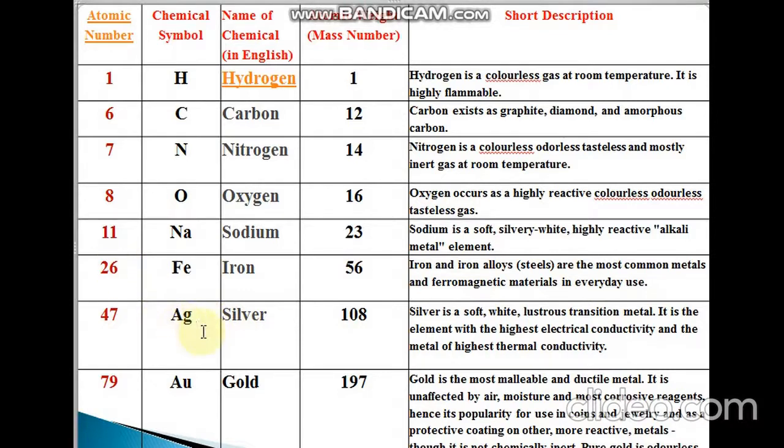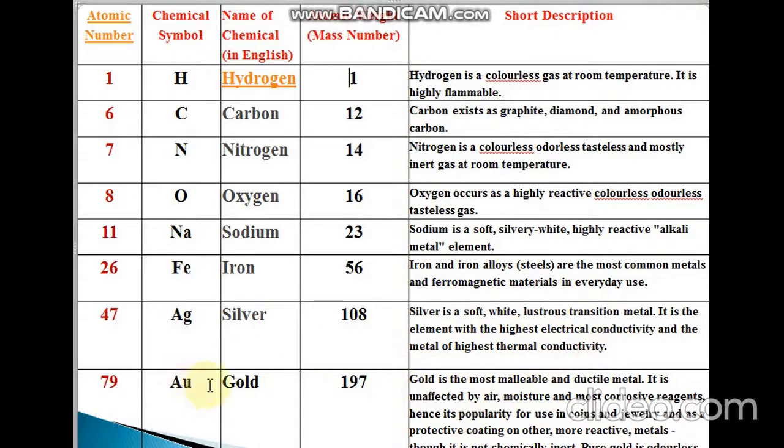There is a chemical element symbol. Silver is a soft, white, lustrous transition metal. It is the element with the highest electrical conductivity and the metal of highest thermal conductivity.